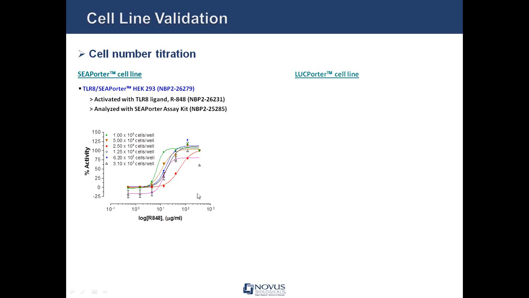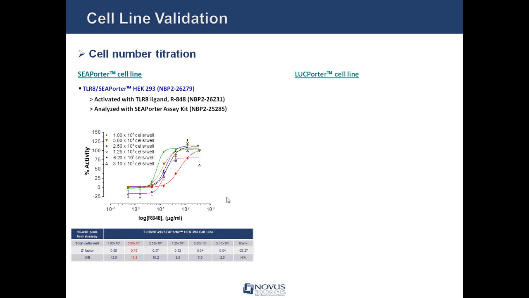We used a 96-well format assay with many different cell number titrations per well, and we optimized the cell number for this SEAPorter cell line. 50,000 per well is the optimal cell number for this cell line assay.